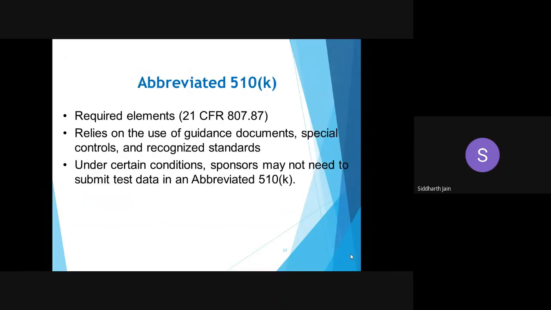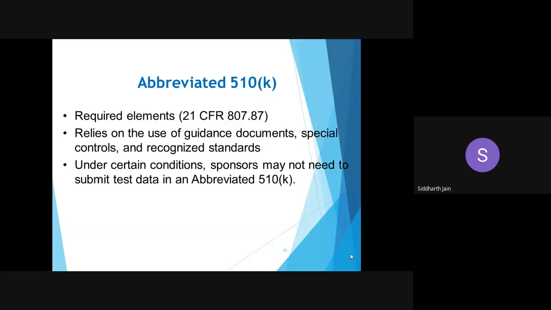Next slide. Yeah, so the abbreviated 510K. The next type of 510K is the abbreviated, which again falls under the requirements of 21 CFR 807.87. It relies on the use of guidance documents, special controls, and recognized standards. We only use the abbreviated 510K if a US FDA guidance document and recognized standards, meaning ISO or ASTM standards, are available for your product.